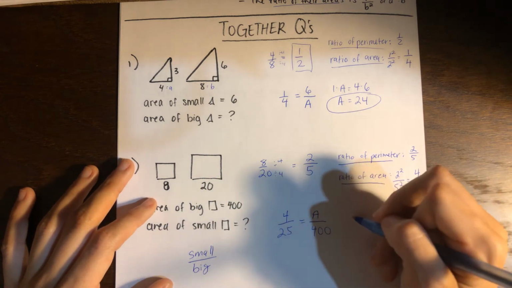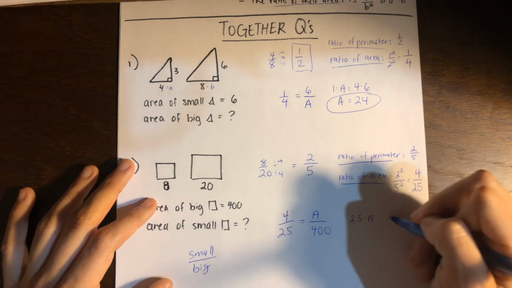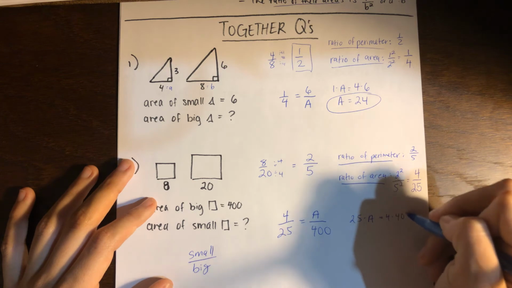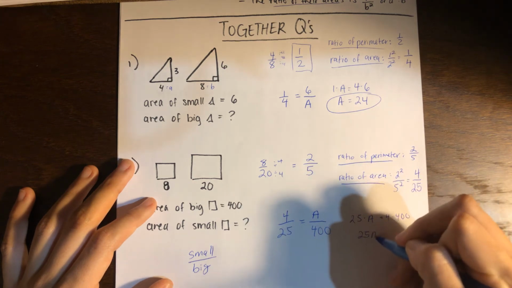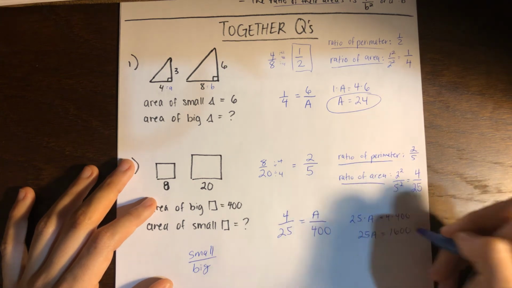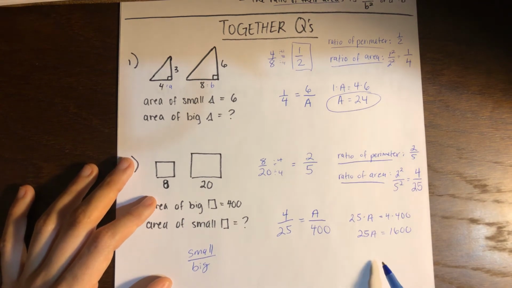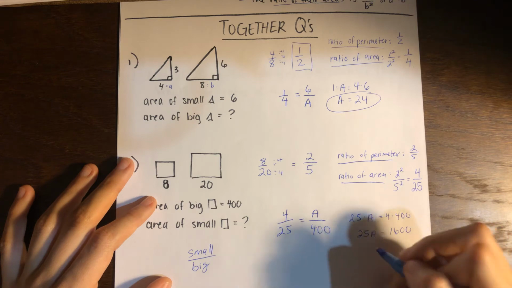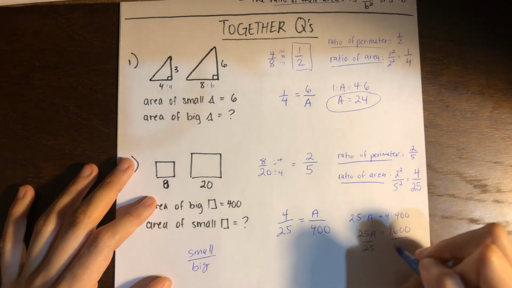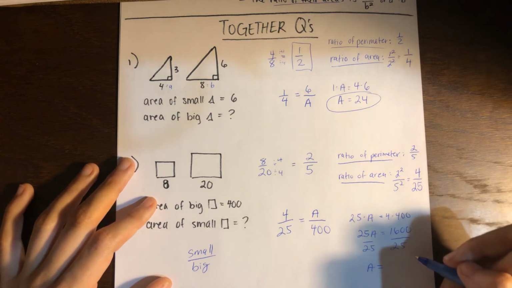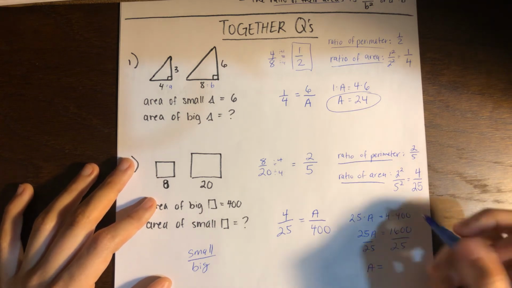We're going to cross multiply, so we have 25 times A is equal to 4 times 400. So I have 25A is equal to 1600. I'm going to divide both sides by 25, solving for A. 1600 divided by 25 gives us 64.